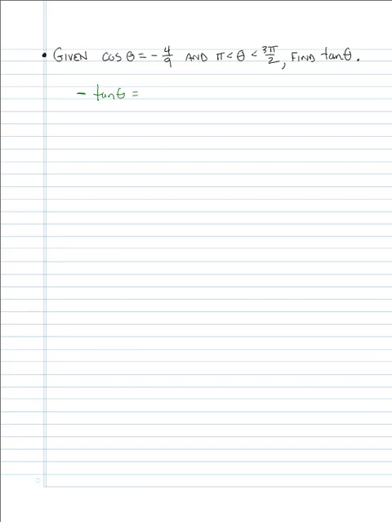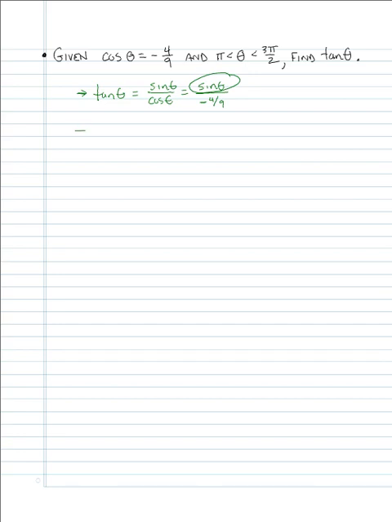We do know that the tangent of theta is the sine of theta over cosine of theta. And we already know the cosine of theta is negative 4 over 9. So our job is to figure out what the sine of theta is. If we can, then we'll be in good shape.